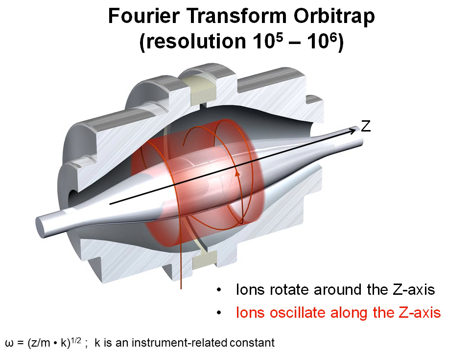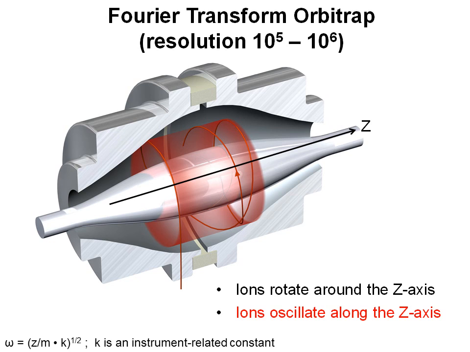Heavier ions oscillate more slowly than lighter ions. As they oscillate, they induce a current in the electrodes around them, and this current is kind of a music that the ions play. These frequencies are then Fourier transformed and then translated into the mass-to-charge domain after calibration of the mass analyzer.